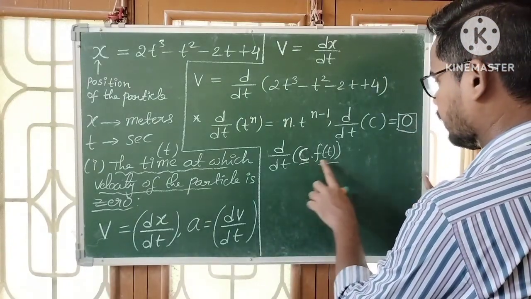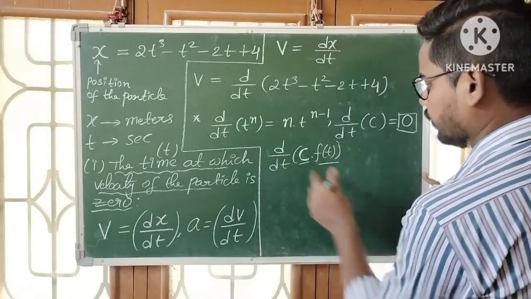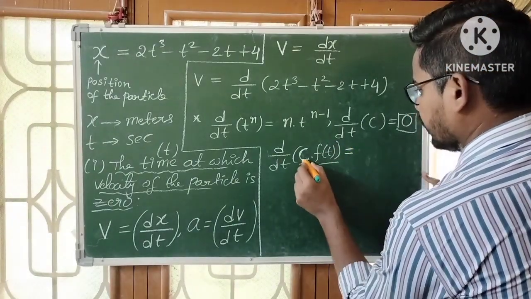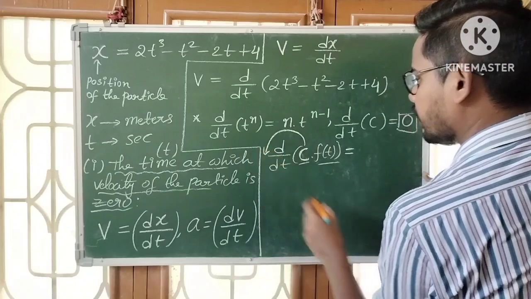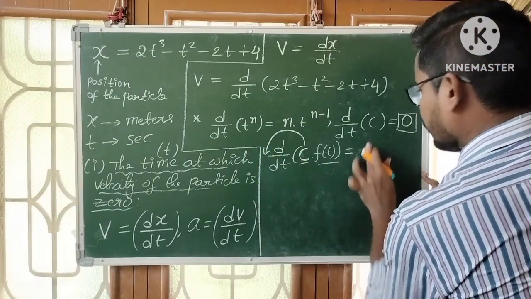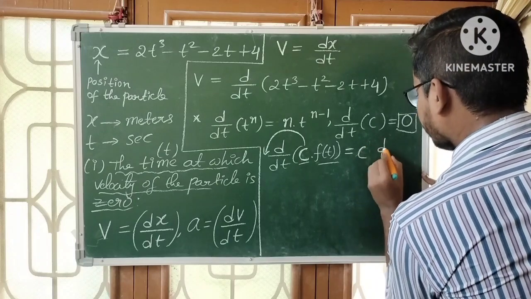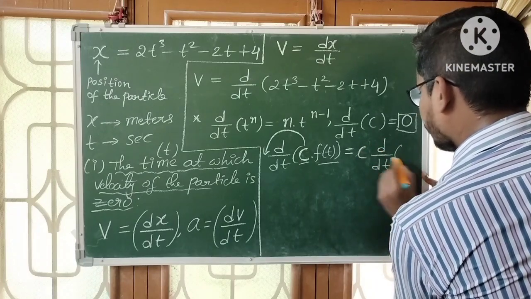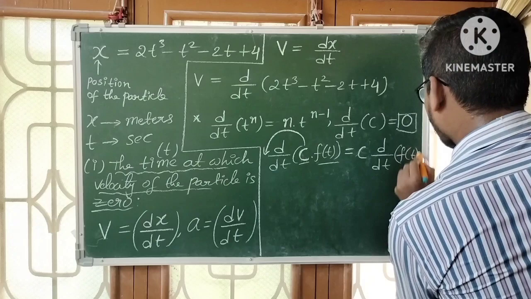We take the constant out of the derivative, so we get c times d/dt of the variable function f(t).